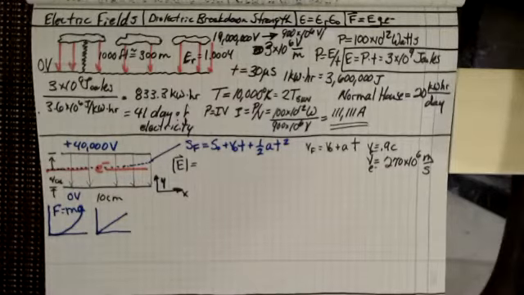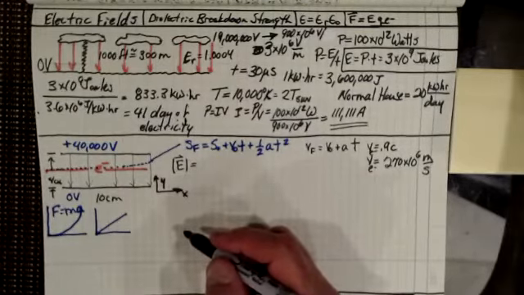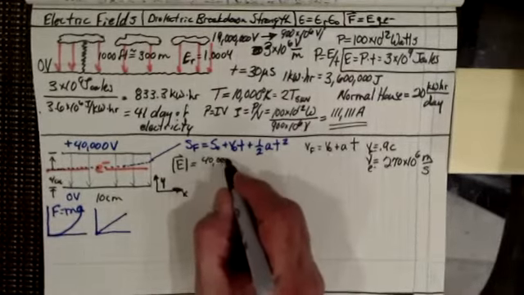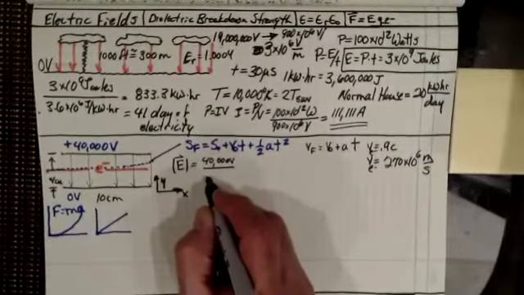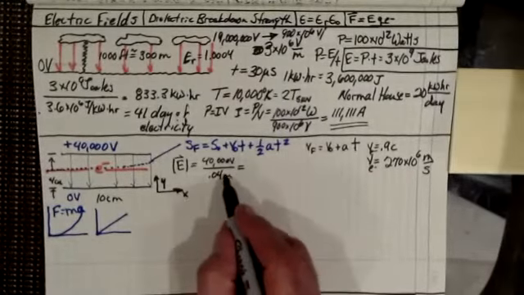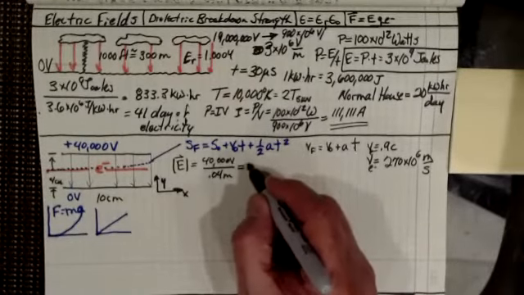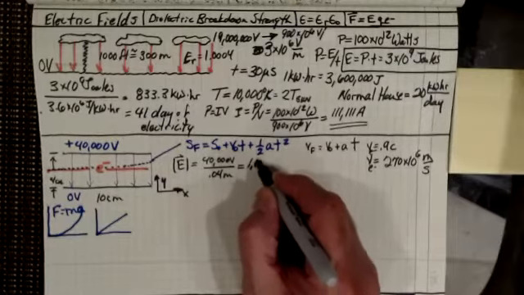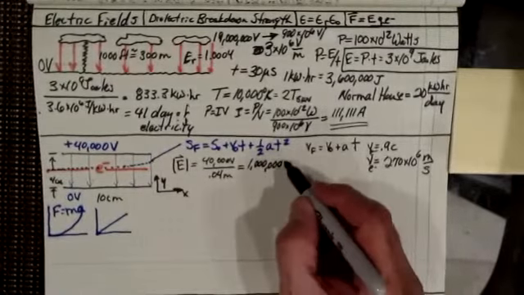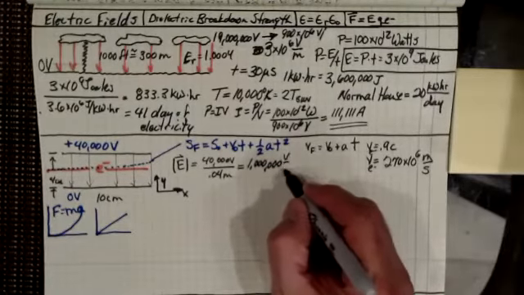So I'm not too worried about that. So we've got 40,000 volts divided by 4 centimeters, well, that's 0.04 meters, right? So that is 1 million volts per meter.